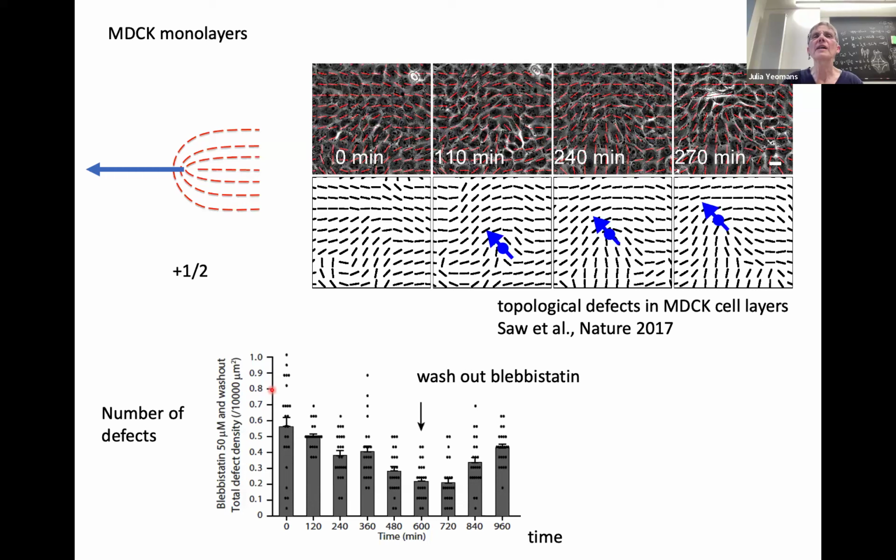So he basically killed off the activity. So the number of defects decreased with time because there was no active motion to create defects. Here he washed out the blebbistatin, which is like waking these things up, and the number of defects increased again. So that's pretty strong evidence that this is an active effect.